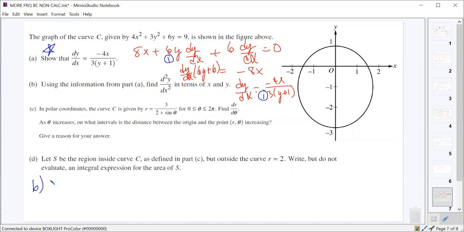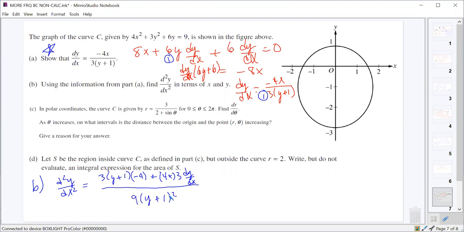that we did. All right, find the second derivative. So we'll take the derivative of this using the quotient rule. That should be our denominator times the derivative of our numerator minus our numerator times the derivative of our denominator, which should just be 3 dy dx, over 9 times y plus 1 squared.